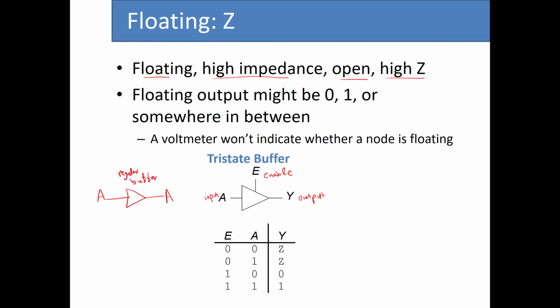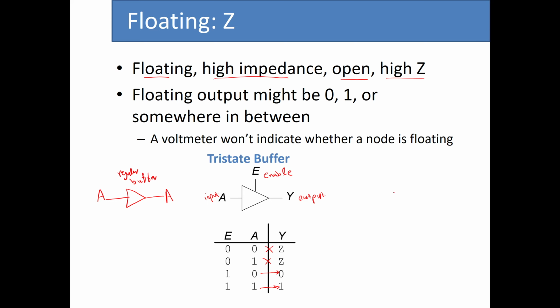But as soon as you make the enable signal 1, or turn on the buffer, whatever you have for A, you can see in Y. Here there was no path between A and Y because the buffer was off. But when the enable signal is 1, you turn on the buffer, and whatever you have in A, you can have in Y.